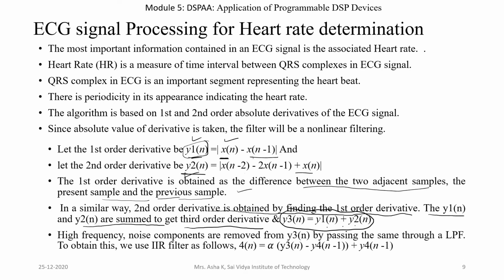Higher frequency components such as noise present in the signal are removed from y3 of n by passing it through a low pass filter. To obtain this low pass filtering, we use an IIR filter having the difference equation y4 of n equals alpha times y3 of n minus y4 of n minus 1, plus y4 of n minus 1.